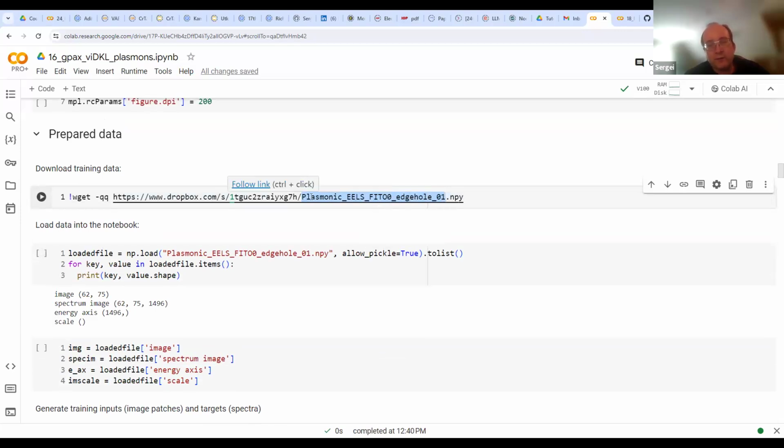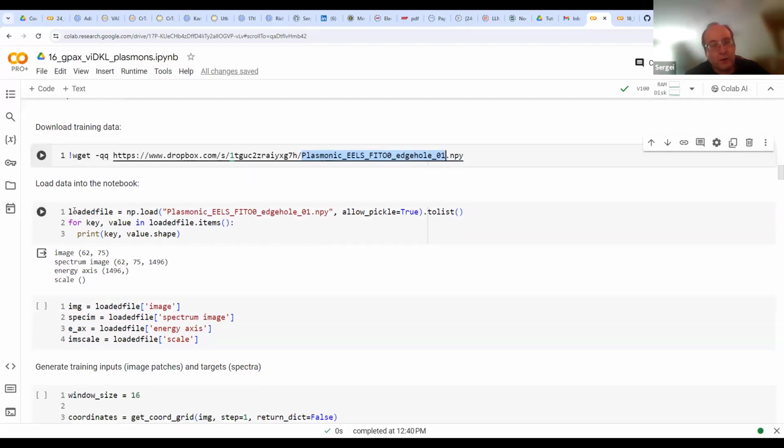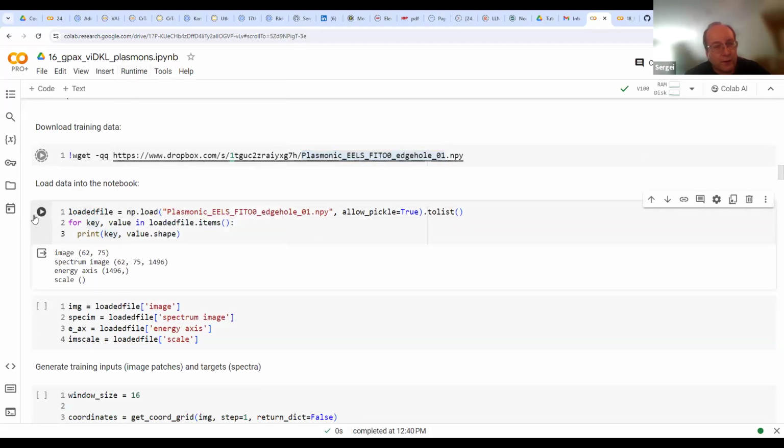It's already been transformed into the NumPy version and uploaded to make life convenient. You will just upload it, and you will have access to several data objects. Load file creates a dictionary.